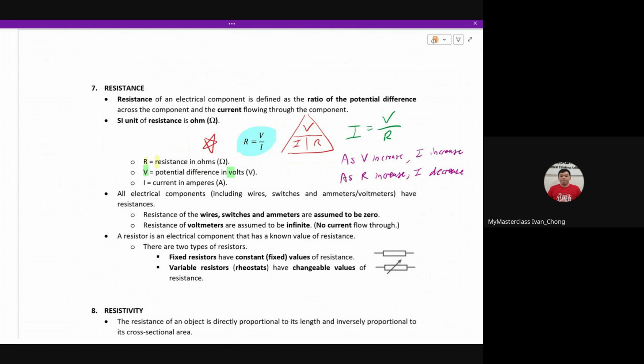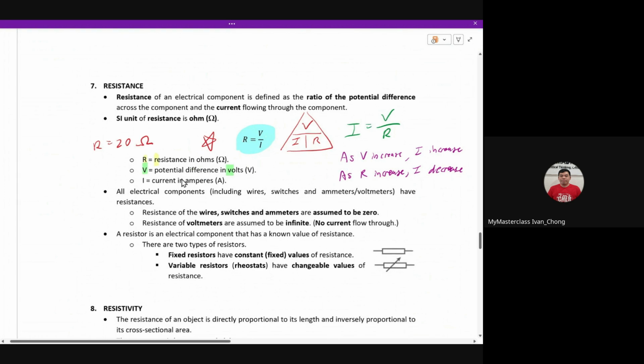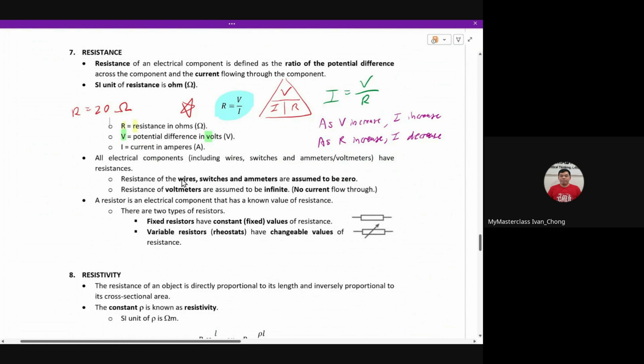Just remember your resistance is measured in ohms. The omega symbol is written like a horseshoe shape. Not just resistors have resistance. Every single component, your wires, your switch, your ammeter, your voltmeter, even your light bulbs, all have resistance.